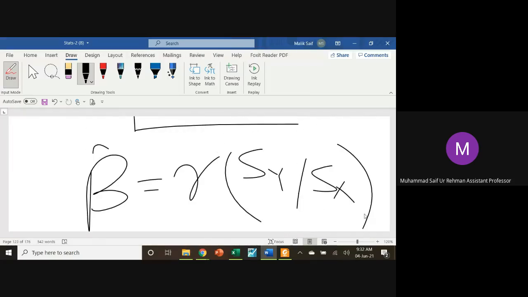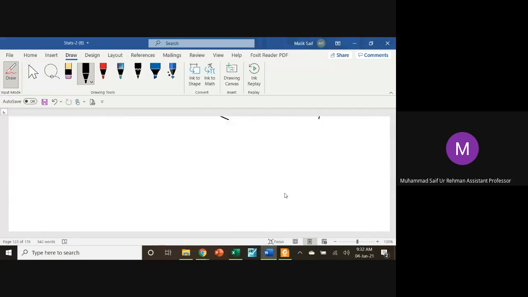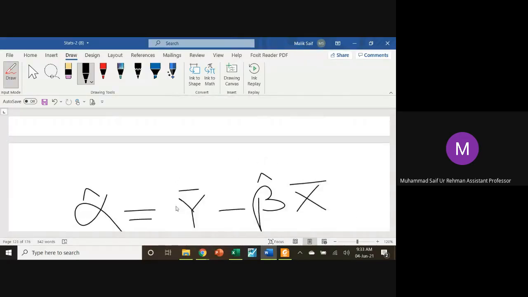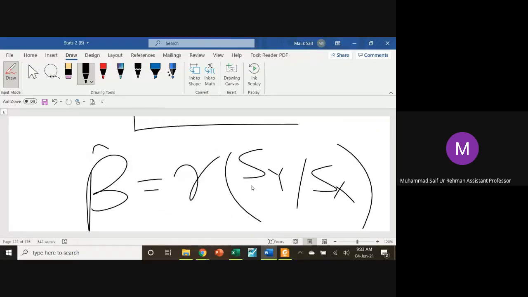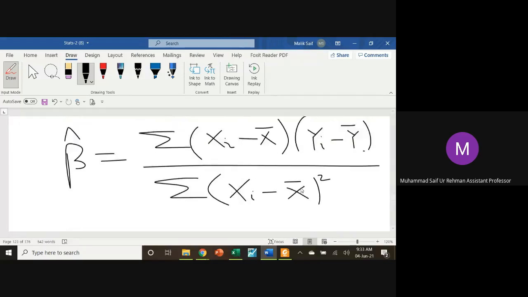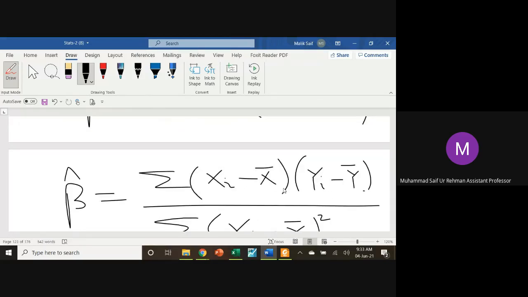The same answer will be there. And similarly, the formula for alpha hat will be the same. Only the shape of the formula is different, but the result that you obtain will be the same. You will prove this formula later in the next course.